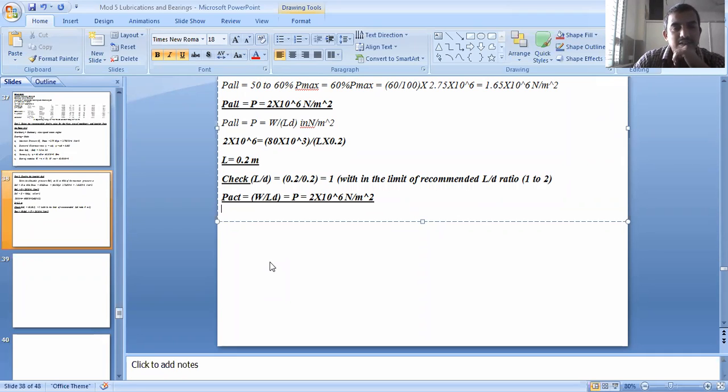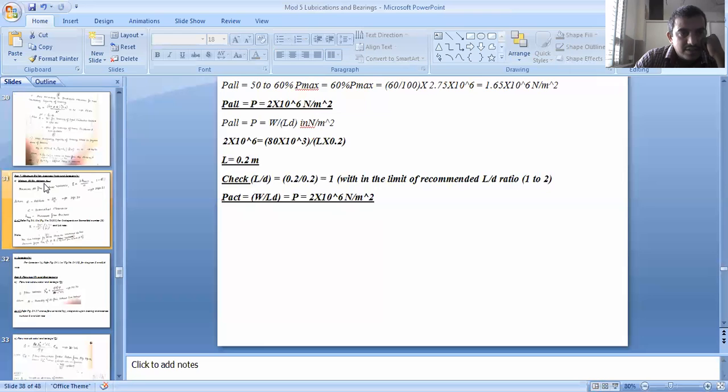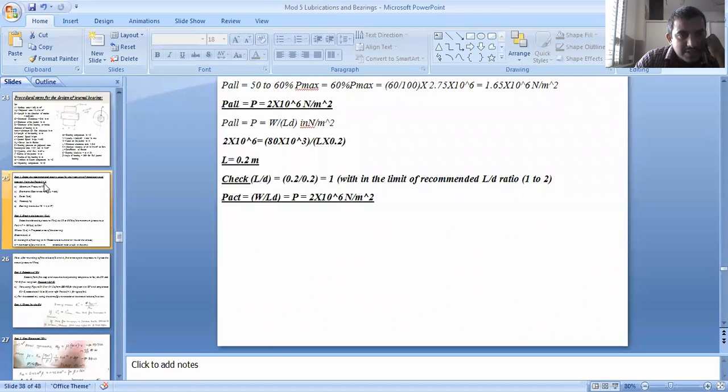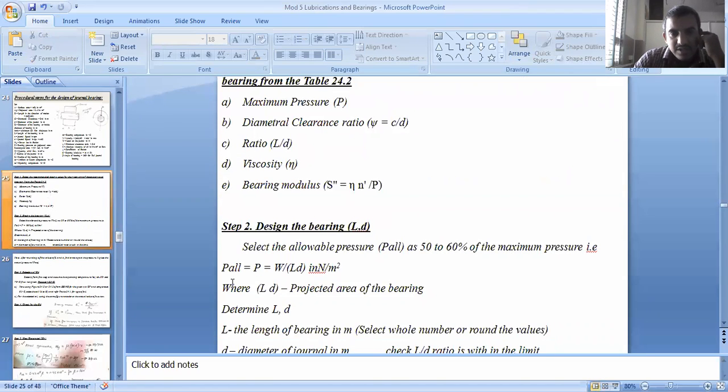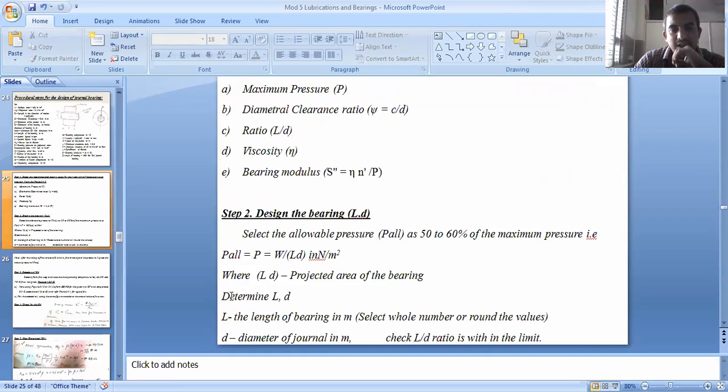Is there any other thing you want? The second step is complete, right? Any other things left in the second step? To design the bearing L and D: D is already given, the diameter of the journal. Now we calculate the length of the bearing and round up that value. Then check the L by D ratio.